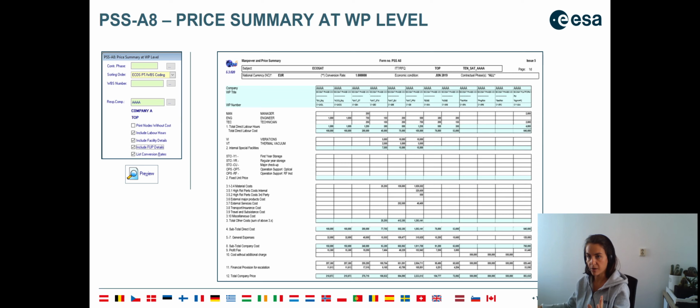So the total of our PSSA 8 corresponds to the totals of our PSSA 2, simply broken down per work package, per activity. So you see here we can choose also the contractual phase. We can also split it at WBS level. And finally, choose some responsible company. So here the responsible company is the company A.